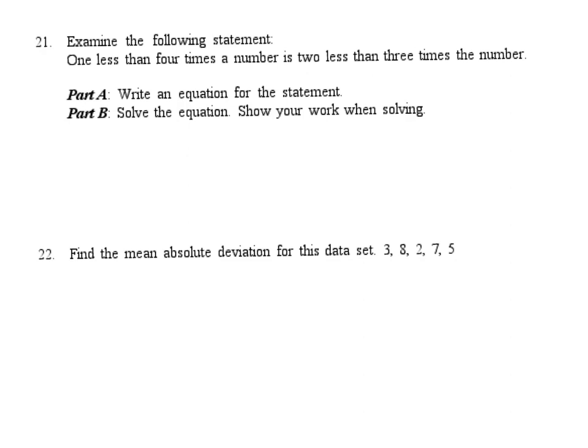Next one, we're going to write the equation, and then I think we're going to solve it, if I remember correctly. So here we go. 1 less than 4 times a number is 2 less than 3 times a number.